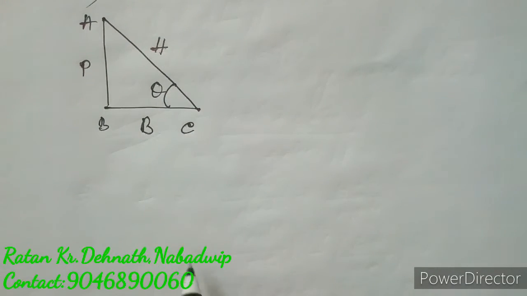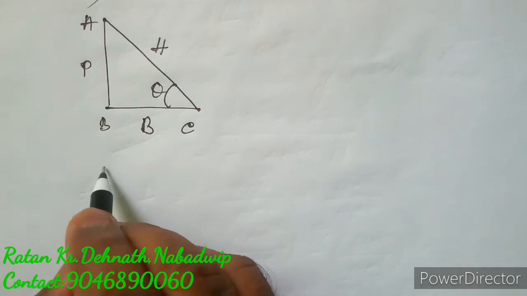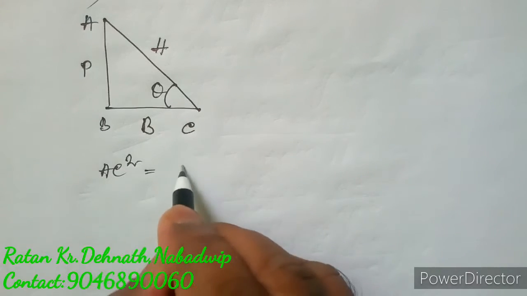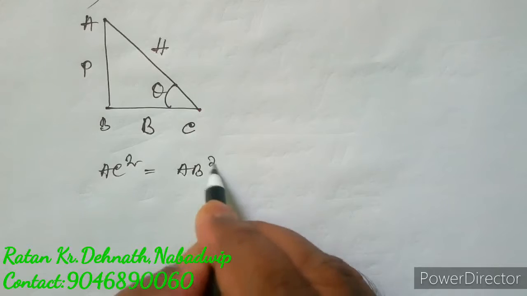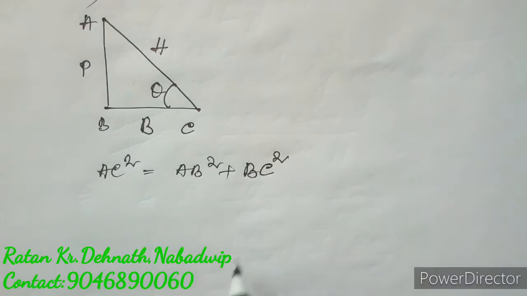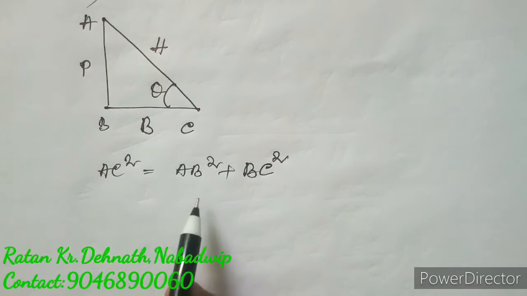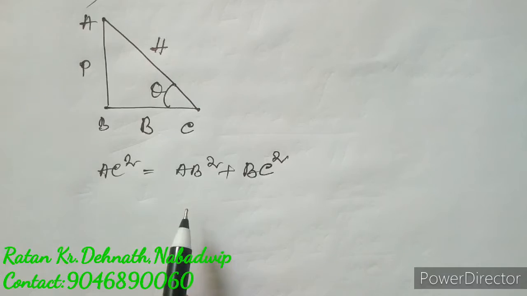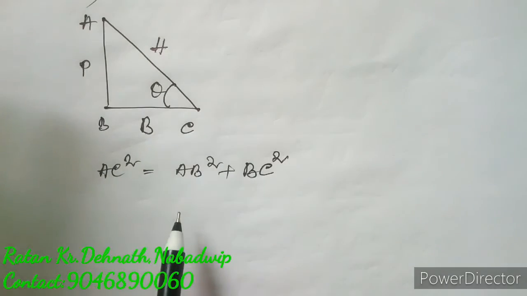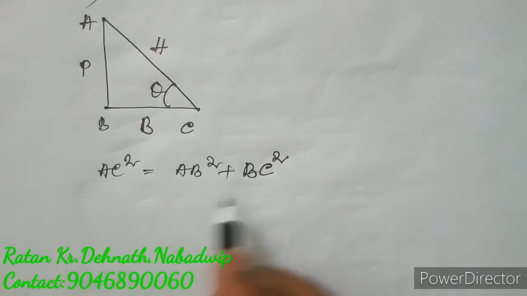Now according to the Pythagoras law, we know AC square equal to AB square plus BC square. For the first proof, we divided both sides by AC square, and for the next formula we divide both sides by BC square.